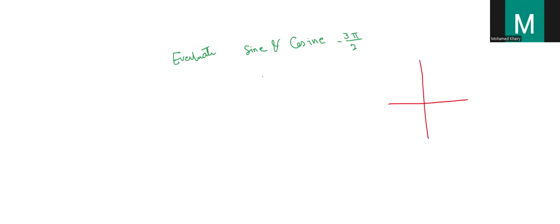So this is my vertex, this is my initial side, rotate till this point, it's 180, till this point, it's 270. Simply, as we explained before, this one 3 times 180 divided by 2, so this one is negative 270.